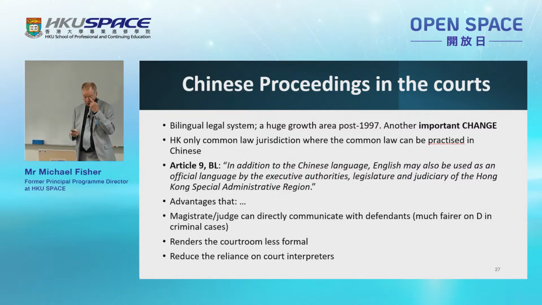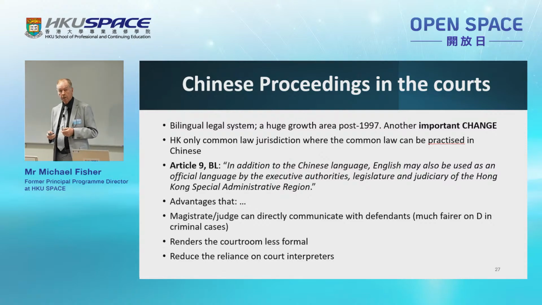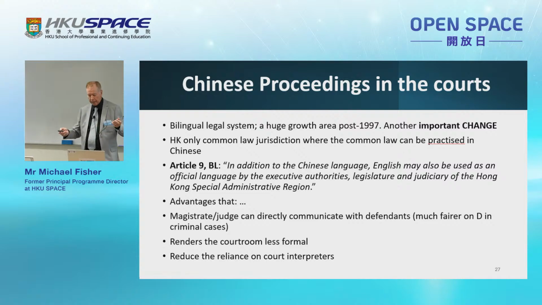It's much fairer on the defendant in a criminal case. It renders the courtroom less formal, and it reduces the reliance on court interpreters. Previously, the proceedings were in English, the judge was English speaking, and if he wanted to say anything to the defendant, he'd have to get the interpreter. Well, that's not a good system. And anyway, interpreters don't always get it 100% right. So now, Cantonese proceedings.